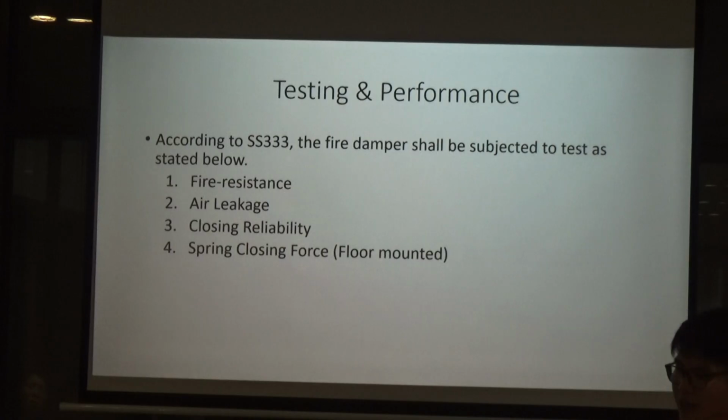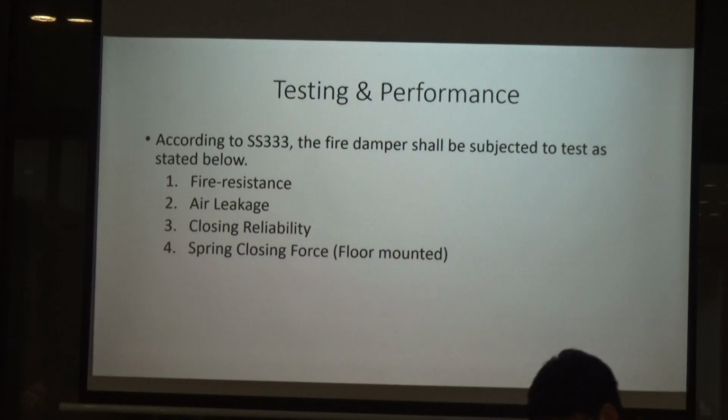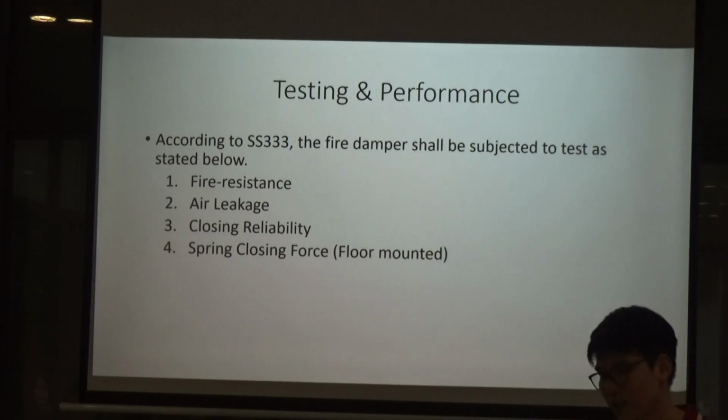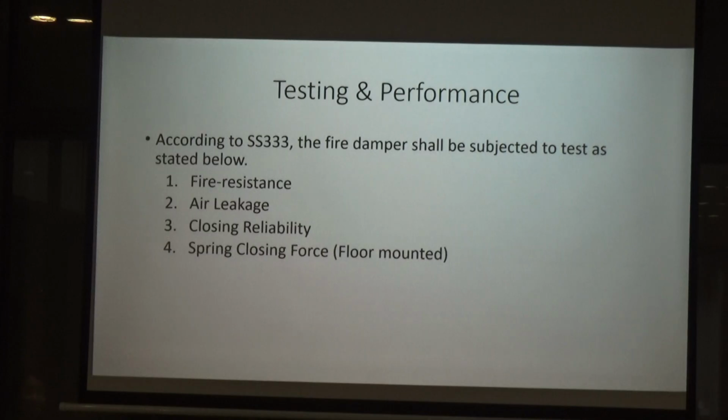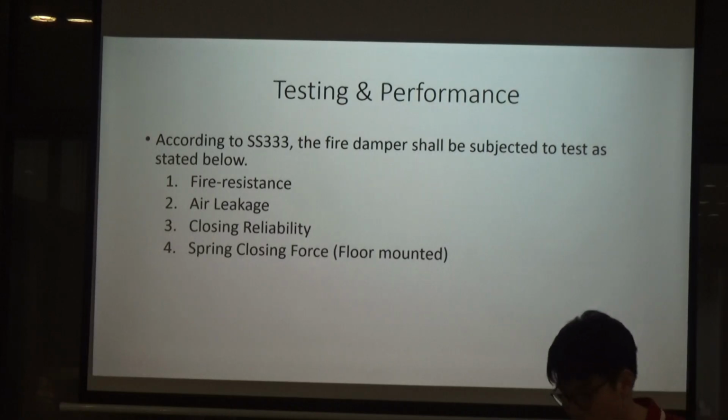Next is closing reliability. The purpose is to ensure that the fire damper in its open position can close reliably. During the test, we open and close 250 times. Next is the spring closing force test. This only applies to the RC400H fire damper, horizontal type, to test the spring itself.